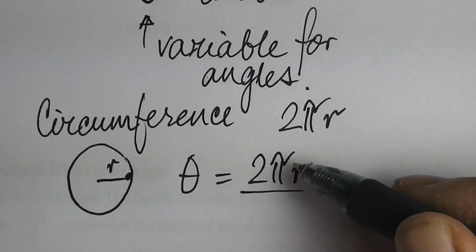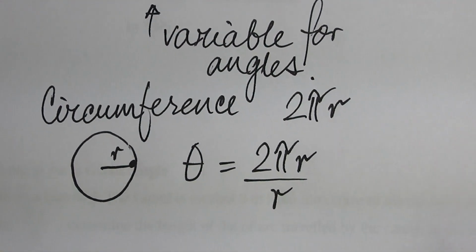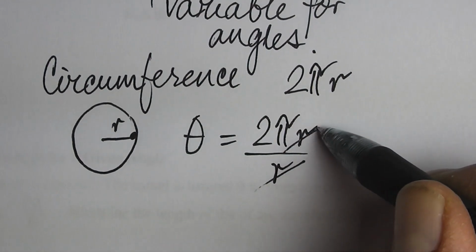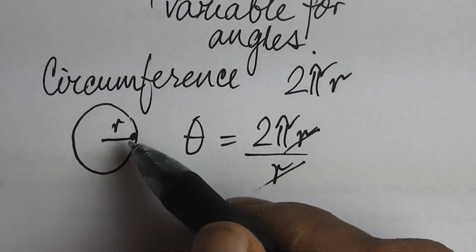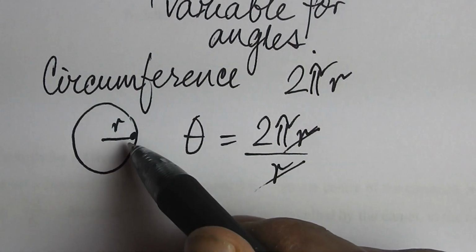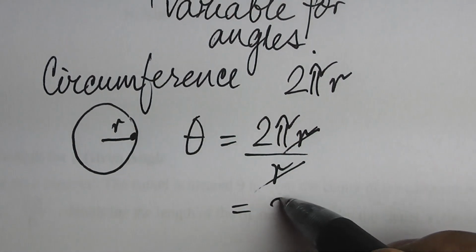And we took the ratio of the arc length, the complete circle, to the radius. What happens is these two cancel out, telling us that the complete circle, regardless of the radius, one complete rotation, one complete revolution is always 2 pi.